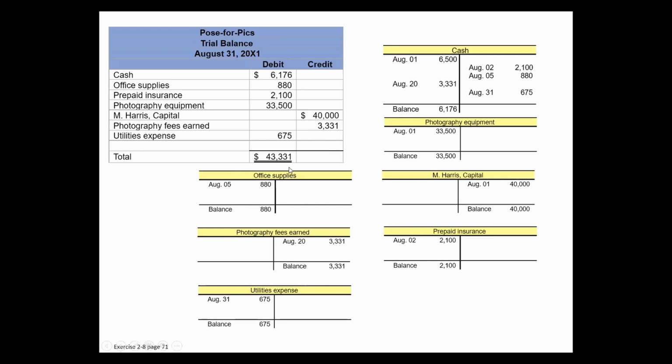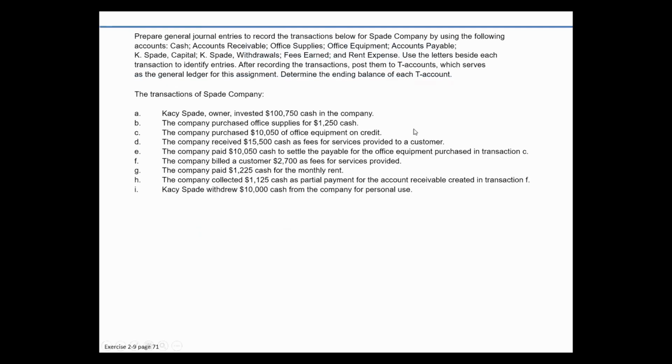In total, we have the assets and the expenses, and then we have the equity section. We see that everything balances out: 43,331, 43,331.